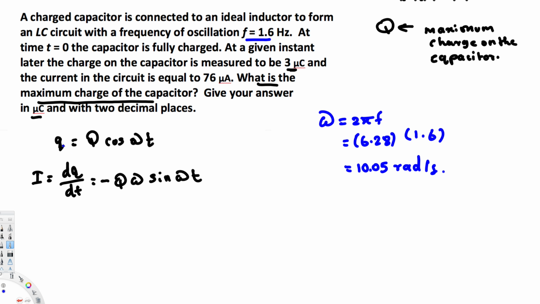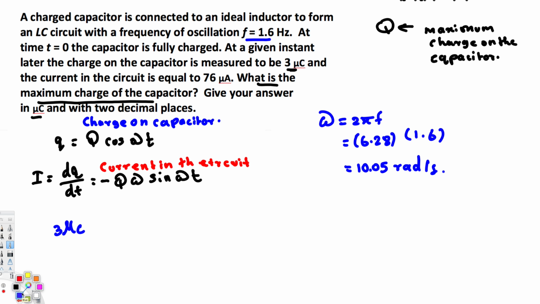Now let's create the equation for the charge. That's going to be 3 microcoulomb, the charge on the capacitor, and the bottom one is the current in the circuit. For the charge on the capacitor, 3 microcoulomb is equal to Q cos omega t.